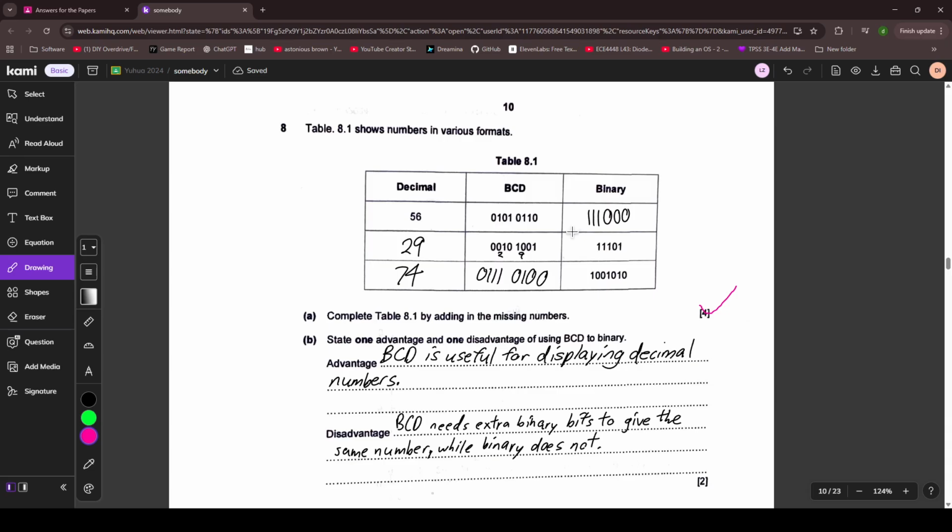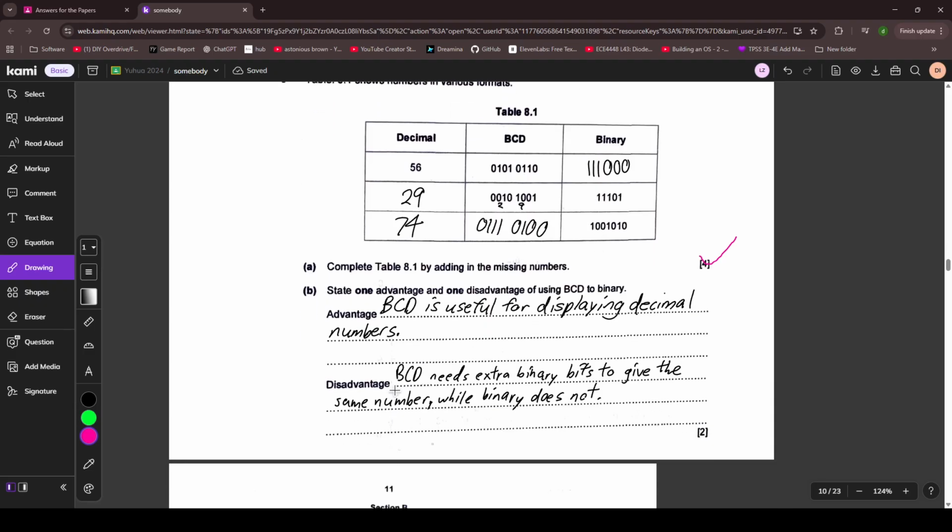State one advantage and one disadvantage of using BCD to binary. Advantage: BCD is useful for displaying decimal numbers. That's true, I guess. Disadvantage: BCD needs extra binary bits to give the same number, while binary does not.